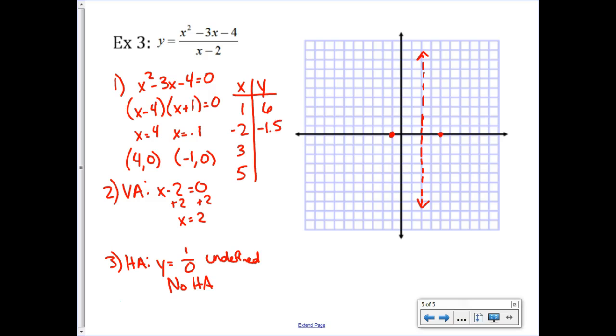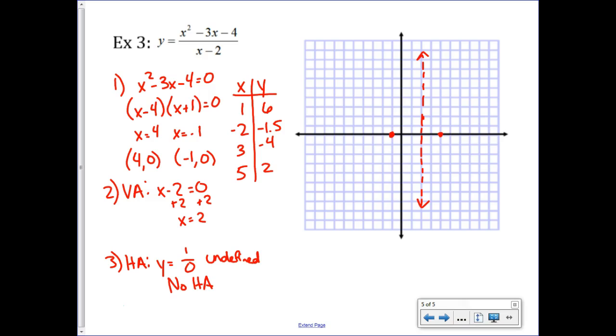And then if I plug in -2, I get -1.5. I plug in 3. 9 minus 9 minus 4. I get -4 over 3 minus 2 is 1, so I get -4. And if I plug in 5, I get 2. So those are pretty nice numbers.